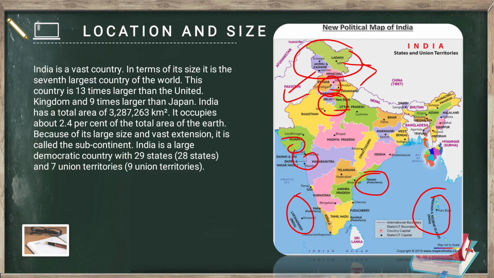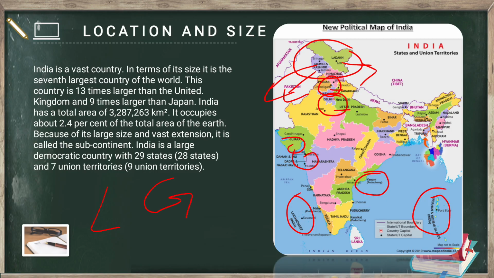Earlier Ladakh was a district of Jammu and Kashmir. In 2019, after the revocation of Article 370, Jammu and Kashmir was divided into 2 union territories, and Jammu and Kashmir was made a union territory with a legislature.